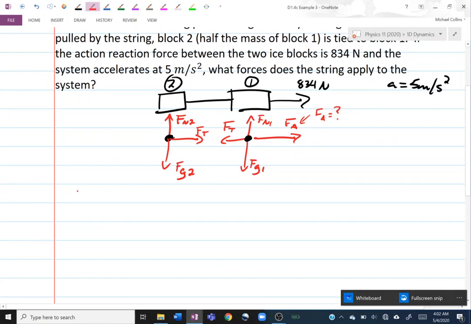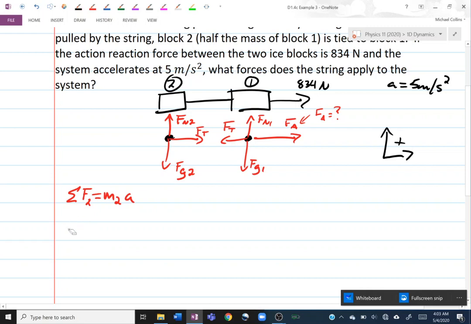But now I might have to use a little bit of critical thought. I think we're also given a relationship back up top that might give us one more hint. It says block 2 is half the mass of block 1.